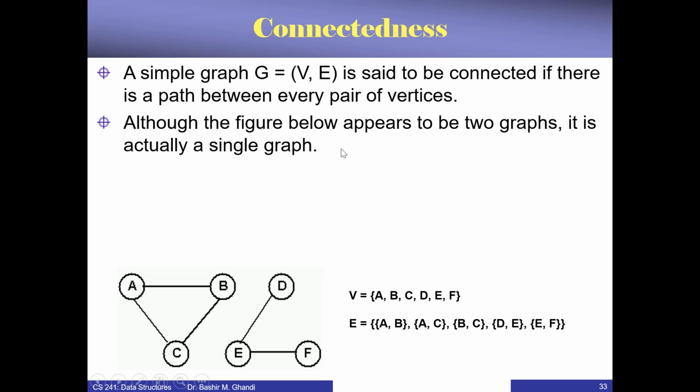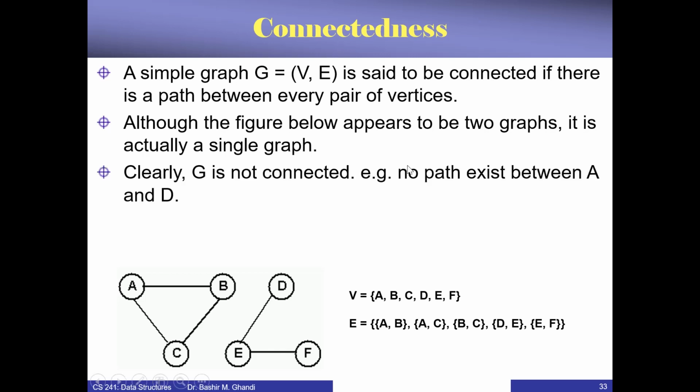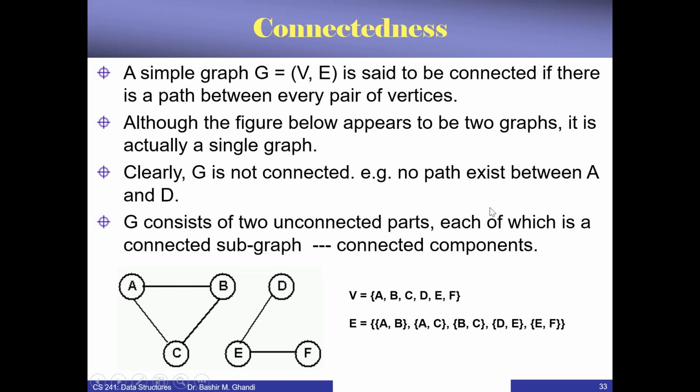So although the figure below appears to be two graphs, it is in fact a single graph. It is just that it is disconnected. And clearly G is not connected. For example, there is no path between A and D. G in fact consists of two unconnected parts, each of which is a connected subgraph.